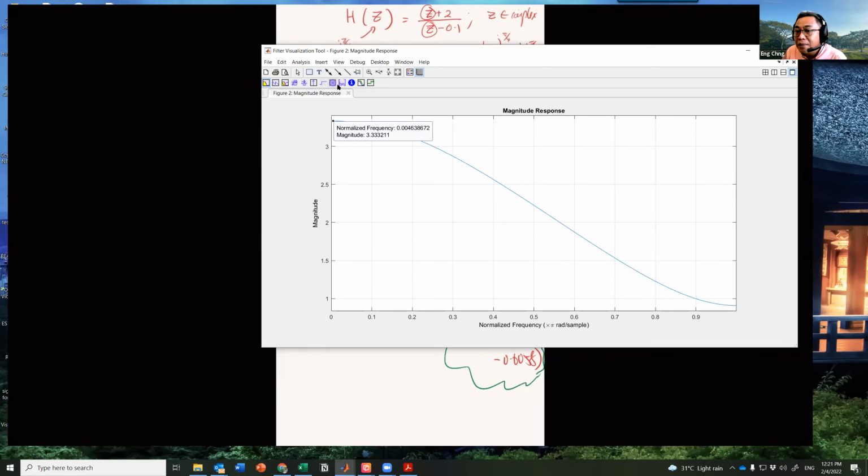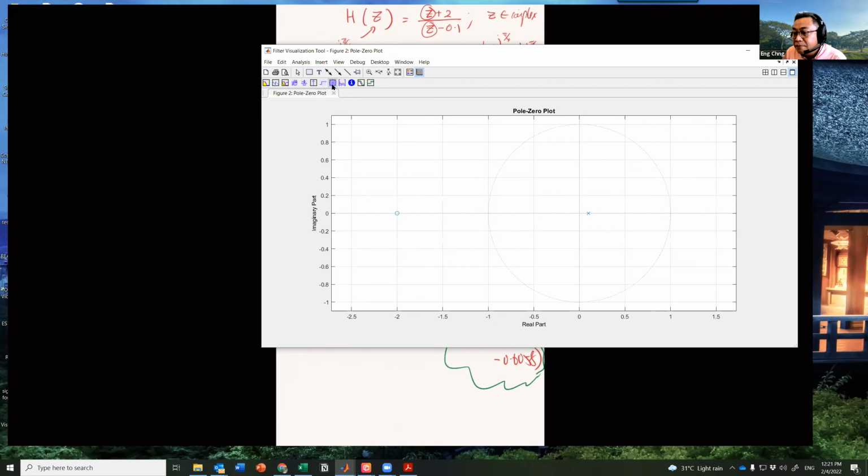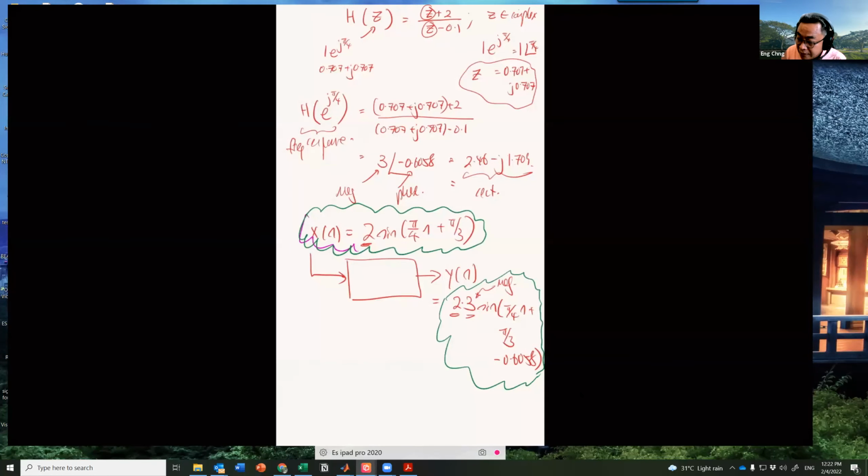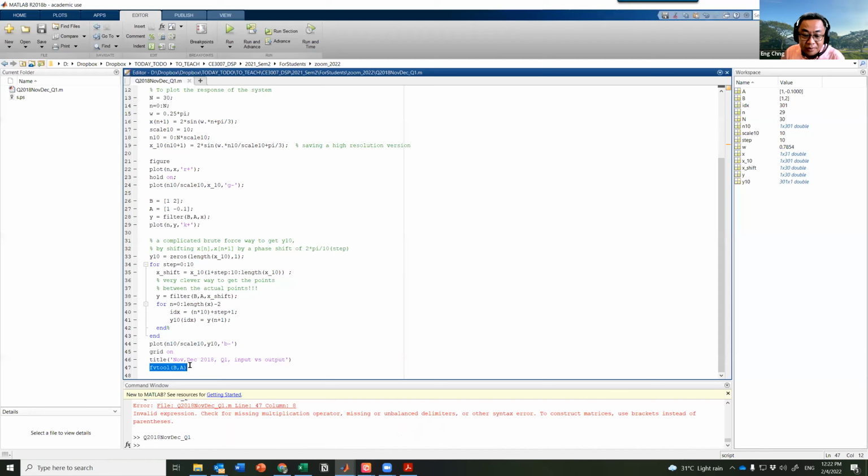All right, the pole zero diagram here, if you type this, there's a zero at -2 and a pole at 0.1. Real part is 0.1, imaginary is 1e-50, which is basically 0. What I'm showing you is how to use MATLAB to check your answers.